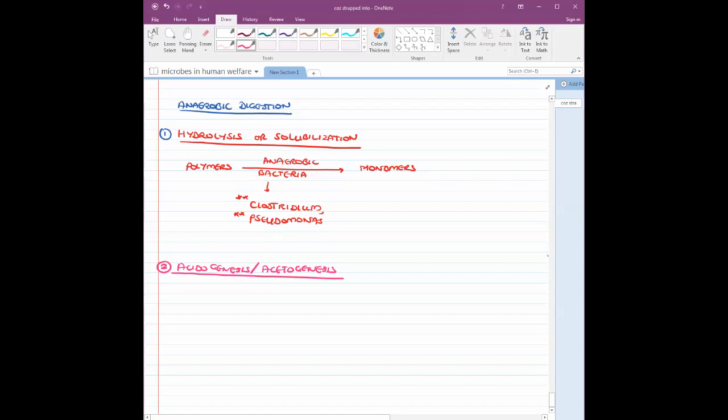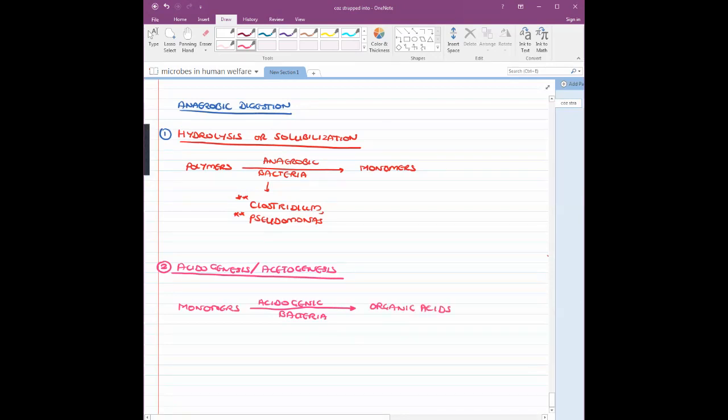See, guys, the basic name is acidogenesis. Meaning, what are you going to do? You are going to convert these monomers into organic acids. So now you are going to see that here we have these monomers, and once again, in the presence of acidogenic bacteria or acetogenic bacteria, you are going to convert these monomers into organic acids.